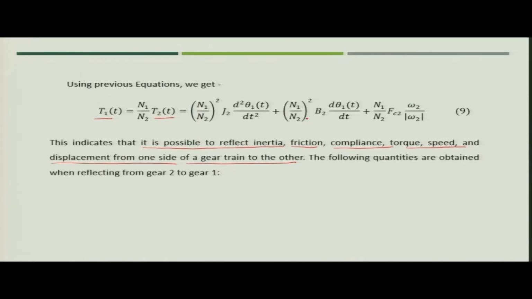Similarly, the gear is the mechanical arrangement which transfers power from one side to other side. So, in this way you can see how closely the mechanical system of gears is analogous to the electrical system of the transformers.